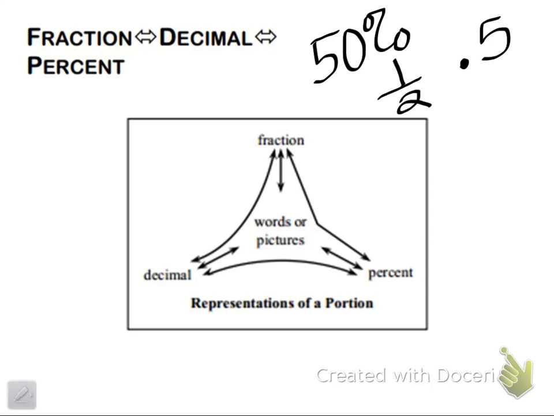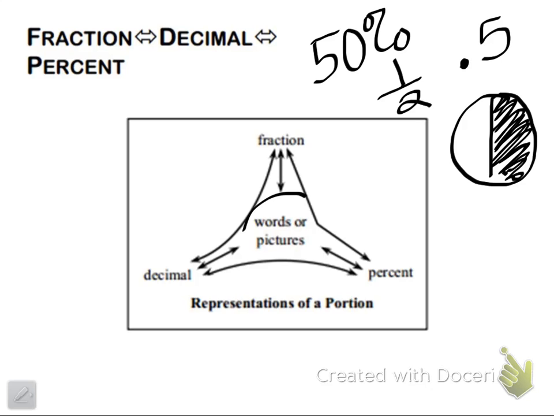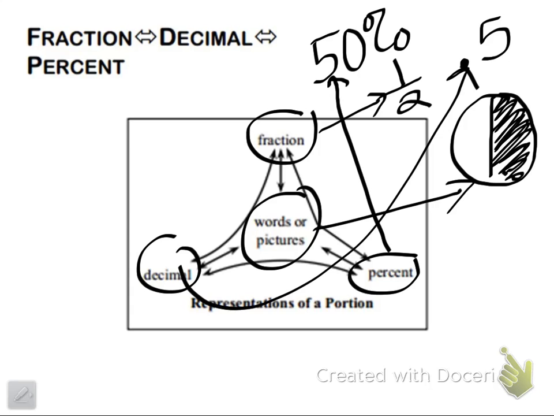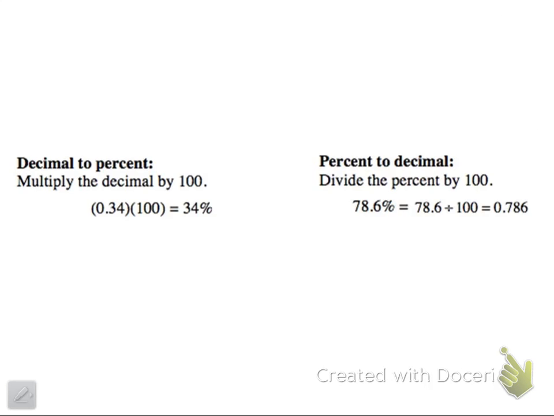They're definitely the exact same thing because 50% of something is half, which is a fraction, which is also the same thing as 0.5. We have words or pictures, we have a fraction, we have a percent, and we have a decimal, all representing the exact same thing. Let's look a little bit deeper into why this is the case.